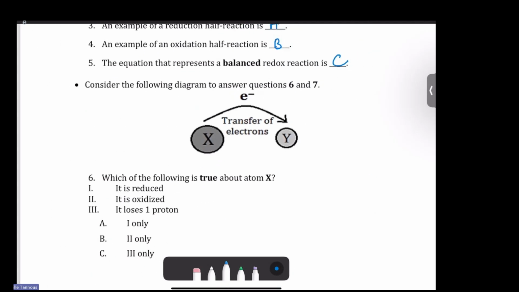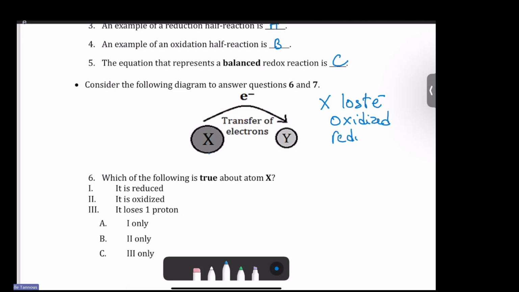Consider the following, and this is a question that was given to you in a classwork. Many did mistakes in it. Let's think about it. X is losing electrons to Y. X lost electrons. X got oxidized.